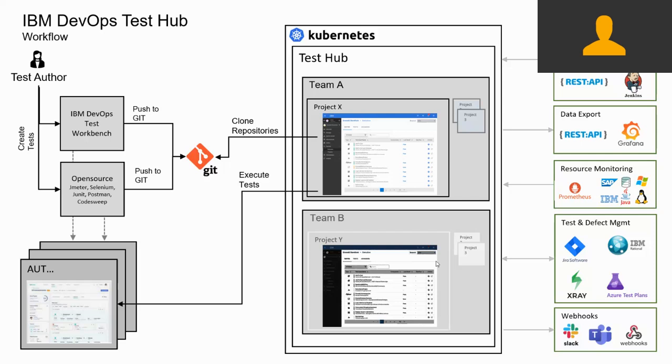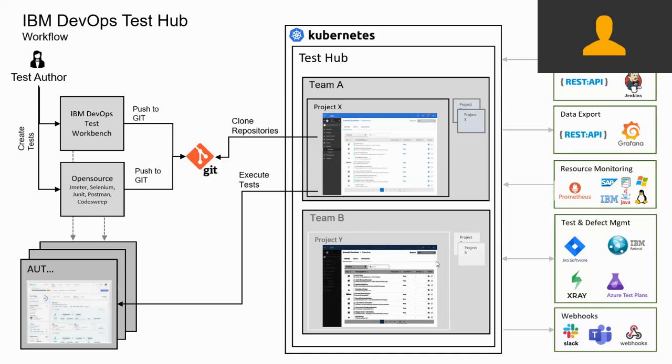So that reduces the number of errors or parallel connections that could be created by the tester who doesn't know that there is a connection to a resource monitoring or a test defect management already in place, because this is done at the server level, and so it's more secure, and it's less work to be done at the tester level.